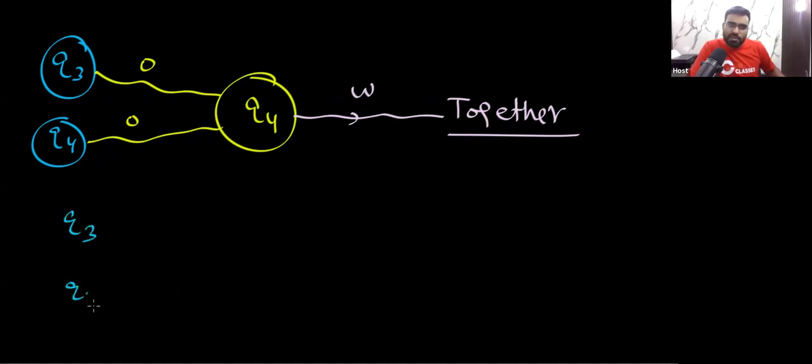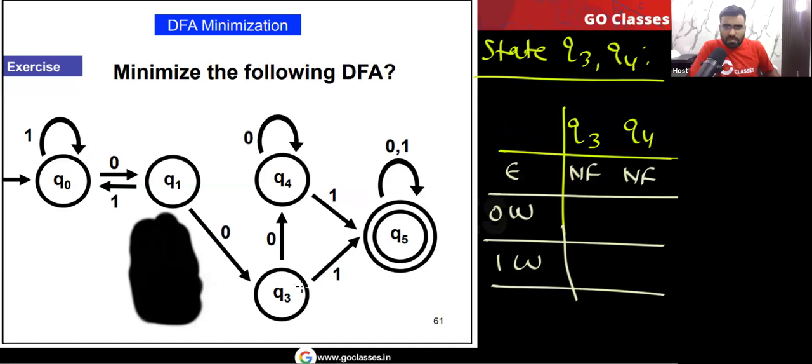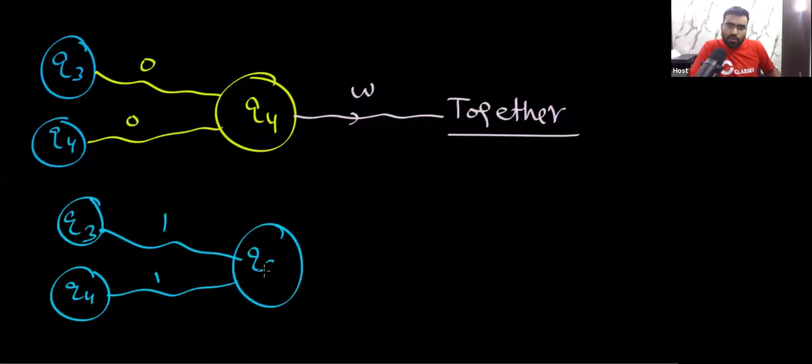Similarly, on 1, where are they going? Q3 on 1 goes to Q5, and Q4 on 1 goes to Q5. They are both going to Q5. So now whatever comes, they will always remain together.